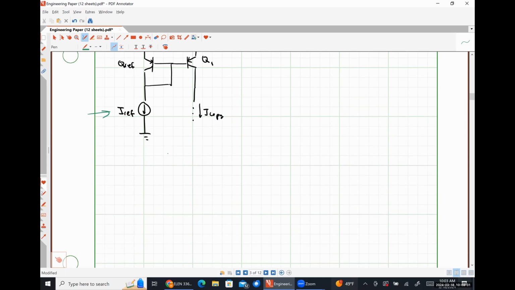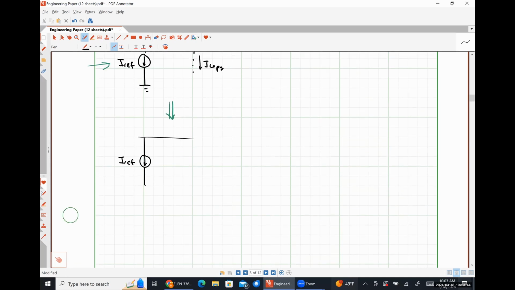So we're going to have something like this. Here's our reference current from our band gap reference generator. That is here.